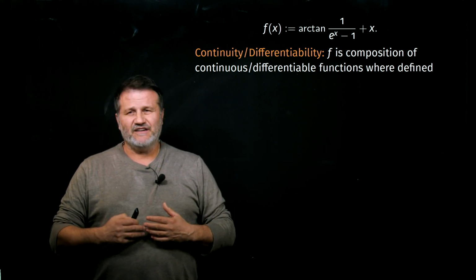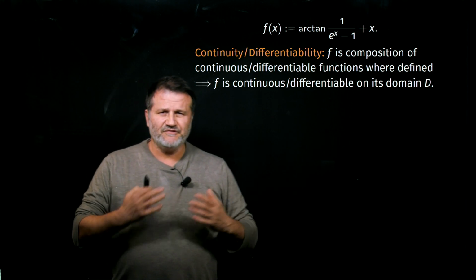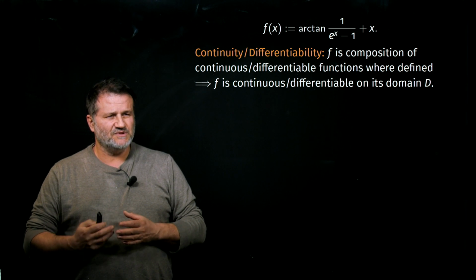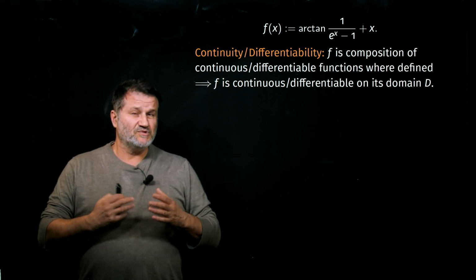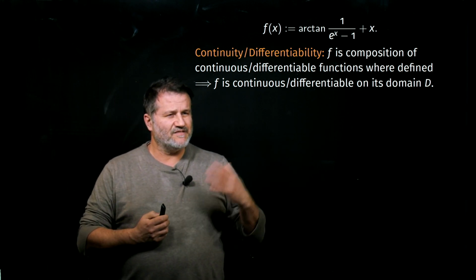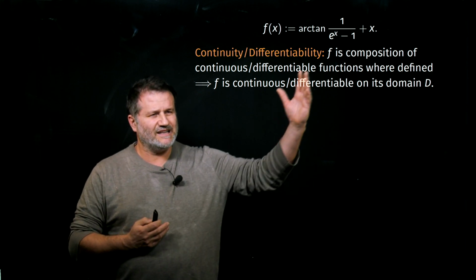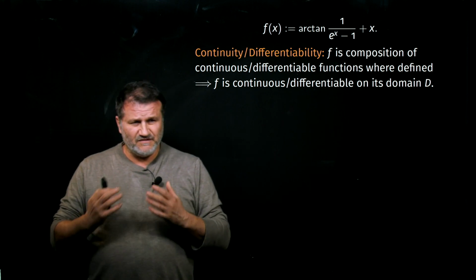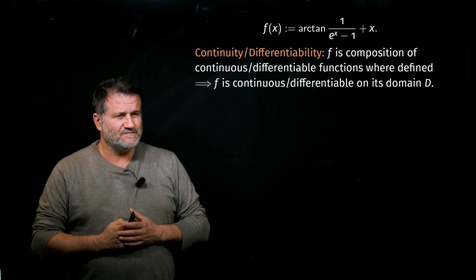So the function f will be continuous and differentiable on its domain. So there is no issue with continuity or differentiability. You may object that at 0 it looks like the function is not continuous. Well, actually at x equals 0 the function is not defined, so continuity and differentiability do not make sense.